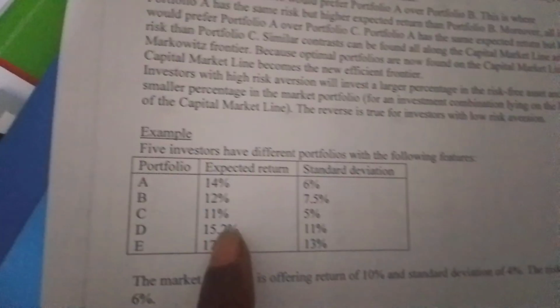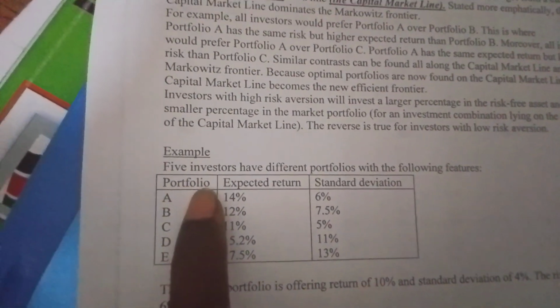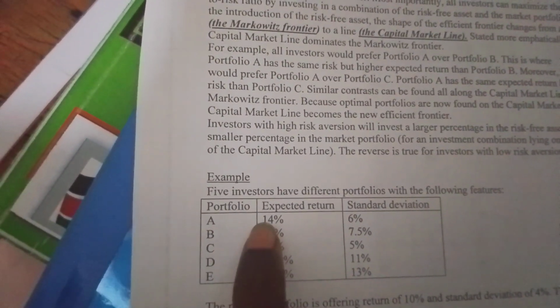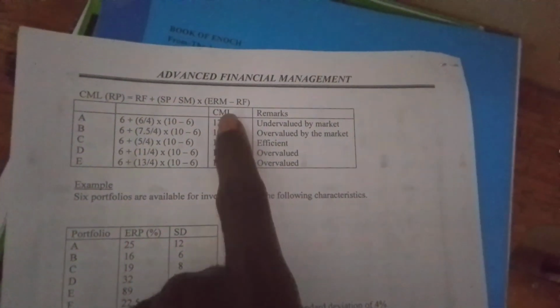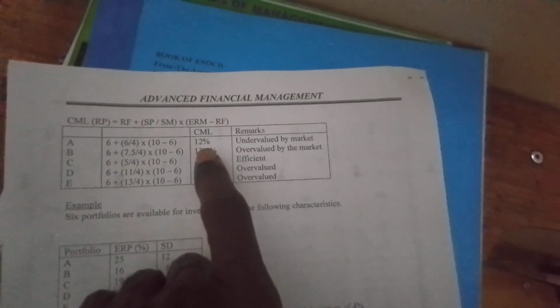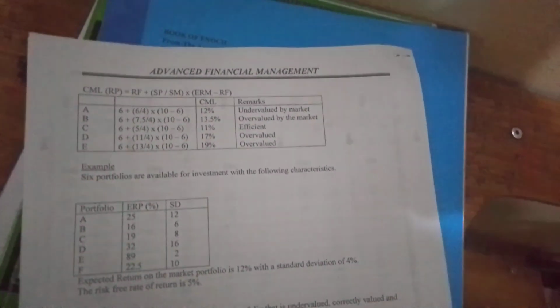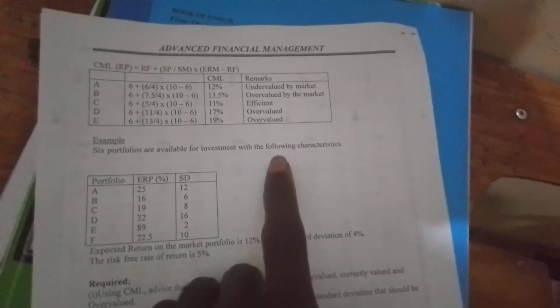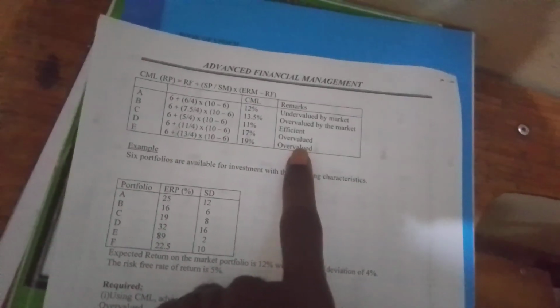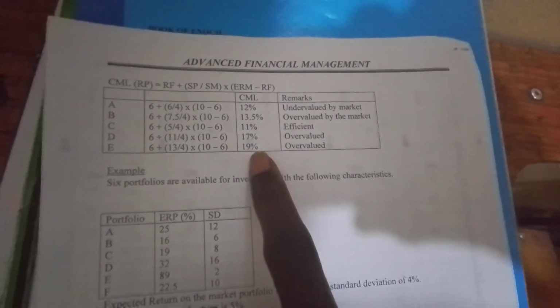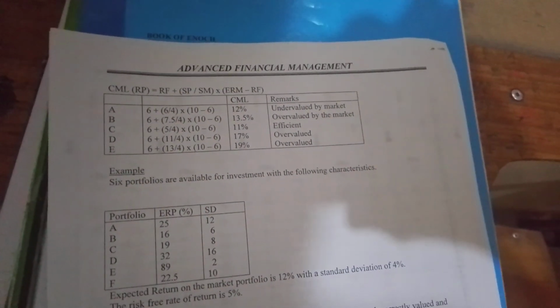Note here, the expected return for A is 14%, but from our capital market line we have 12%. So 12% compared with 14%, that security is undervalued, because the capital market line gives 12% while the expected return is 14%.